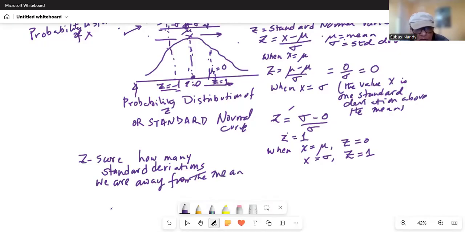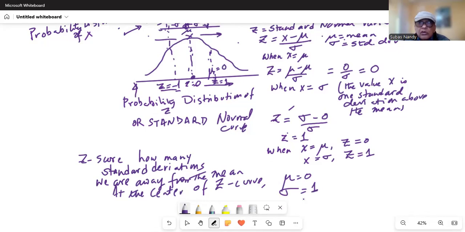And at the center of the z curve, mu is 0 and standard deviation sigma is equal to 1. Okay. So that is the bottom line.